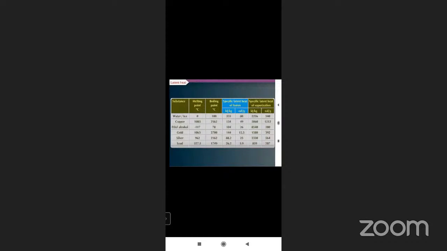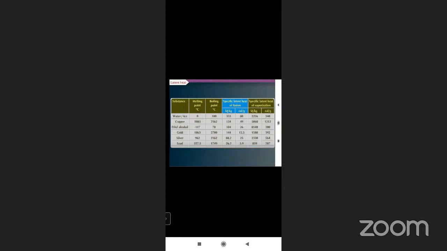Then specific latent heat of vaporization is 2330 kilojoule per kilogram and 564 calorie per gram. And the last example or the last substance is lead.